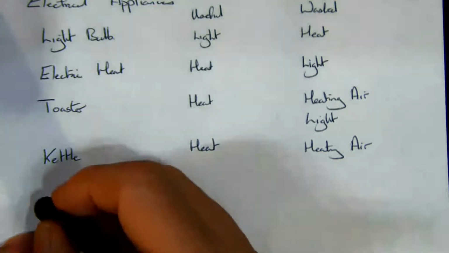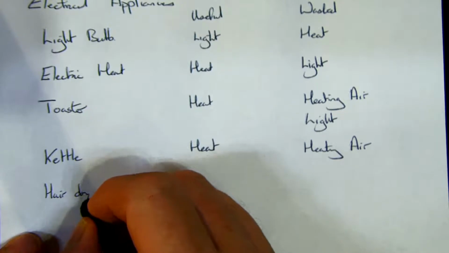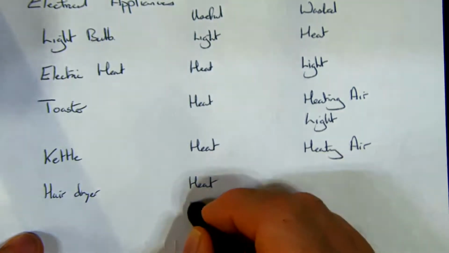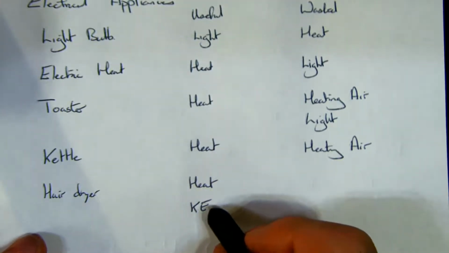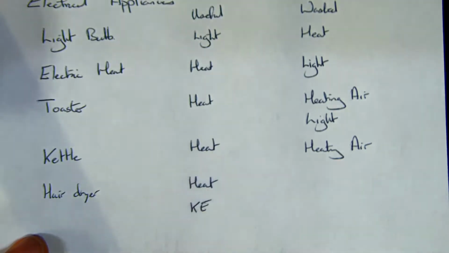That sounds like a good one. Well, it's also doing heat, but it's also producing kinetic energy. And any of that kinetic energy that's wasted will be turned to heat. So that's doing quite well.